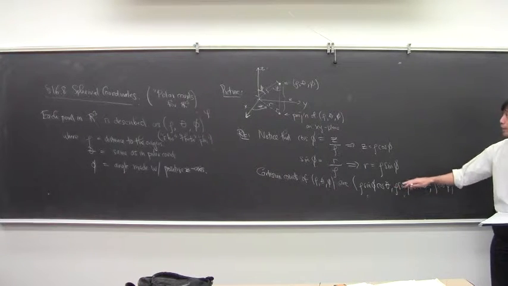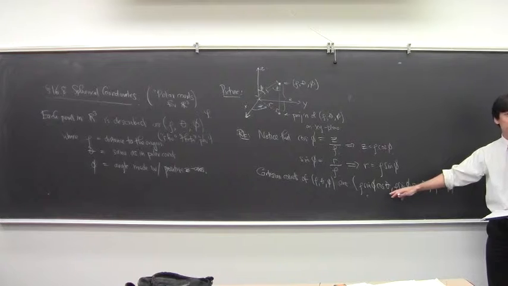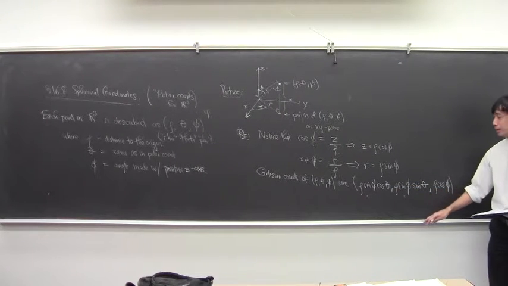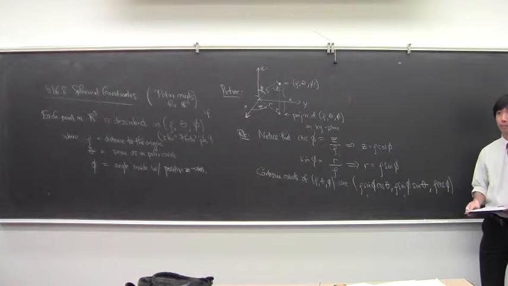The x and y coordinates we get by thinking of them as polar: r cosine theta, r sine theta, and we have the z here.